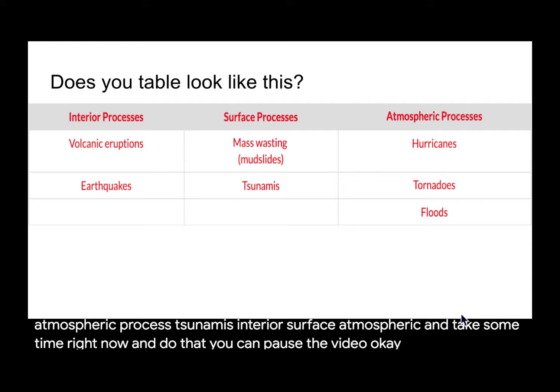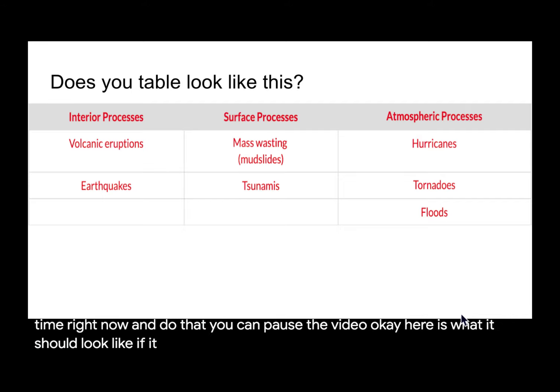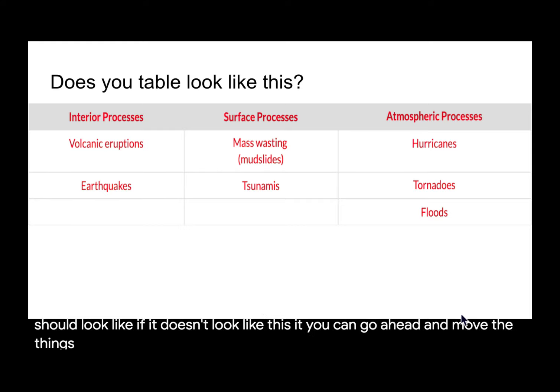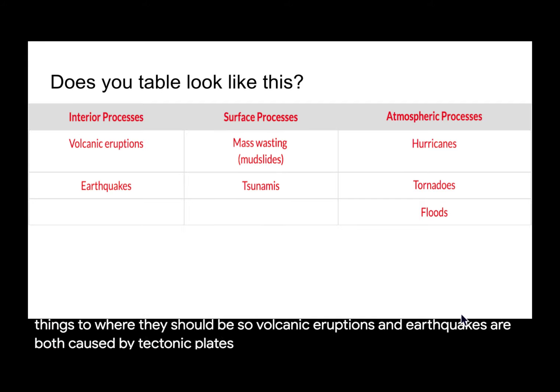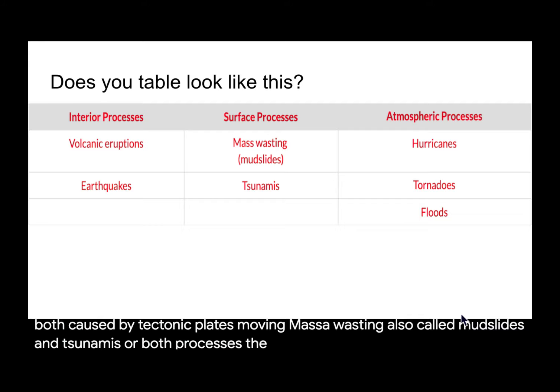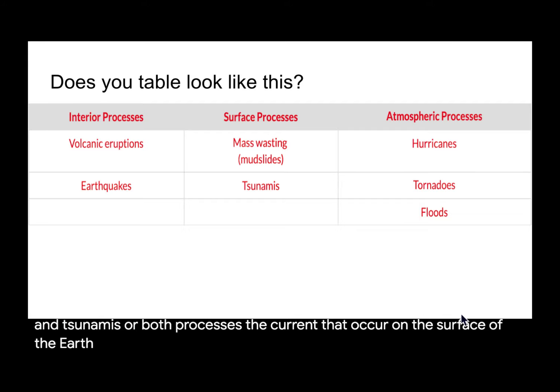Okay. Here is what it should look like. If it doesn't look like this, you can go ahead and move the things to where they should be. So volcanic eruptions and earthquakes are both caused by tectonic plates moving. Mass wasting, also called mudslides, and tsunamis are both processes that occur on the surface of the Earth.